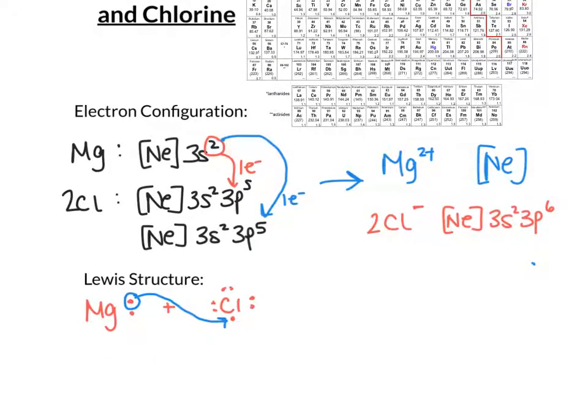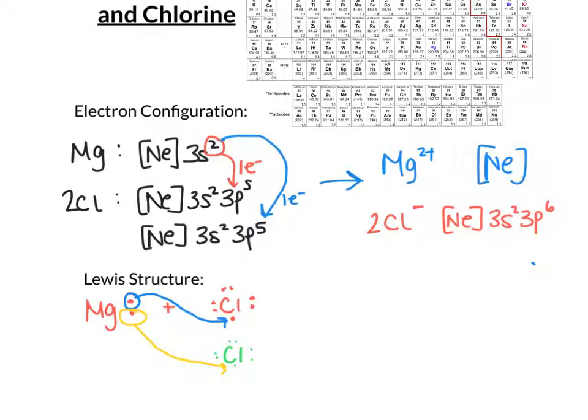Great, but chlorine is happy, magnesium is not. So we're going to need another chlorine. Okay, again, 7 valence electrons in chlorine. This other magnesium electron is going to come down and pair with that unpaired electron in chlorine. Now we see magnesium is happy. Both chlorines are happy.